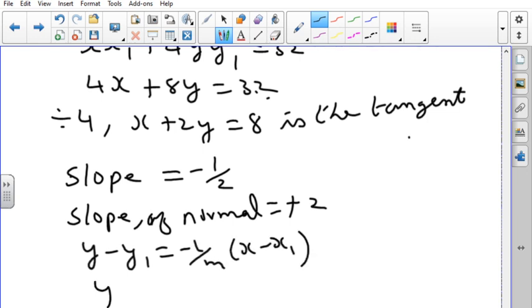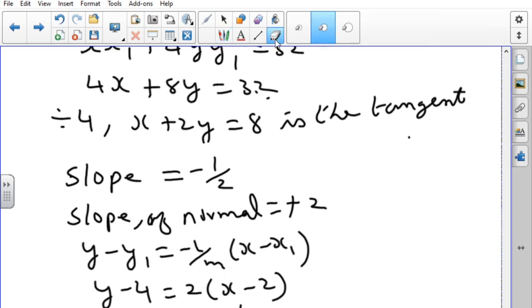So we get y minus 4 is equal to 2 into x minus 2. Okay, sorry, this is 4 and this is 2.